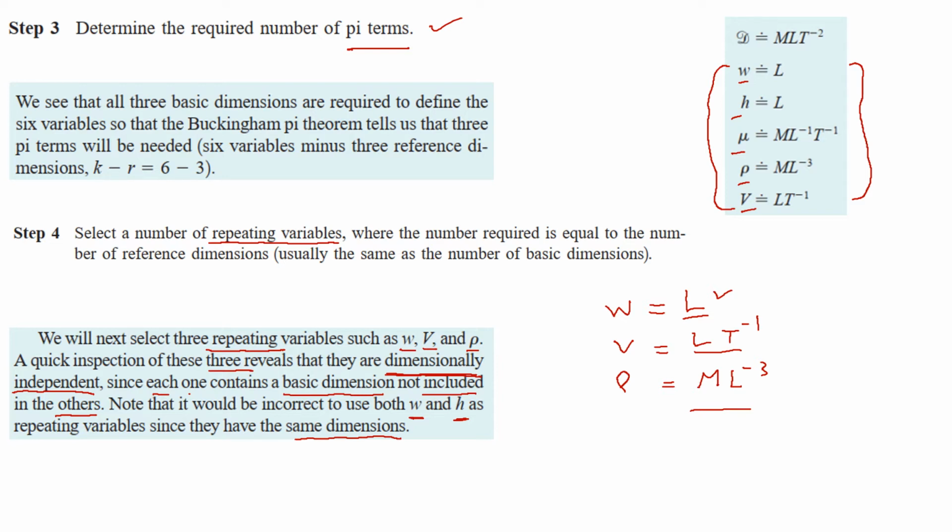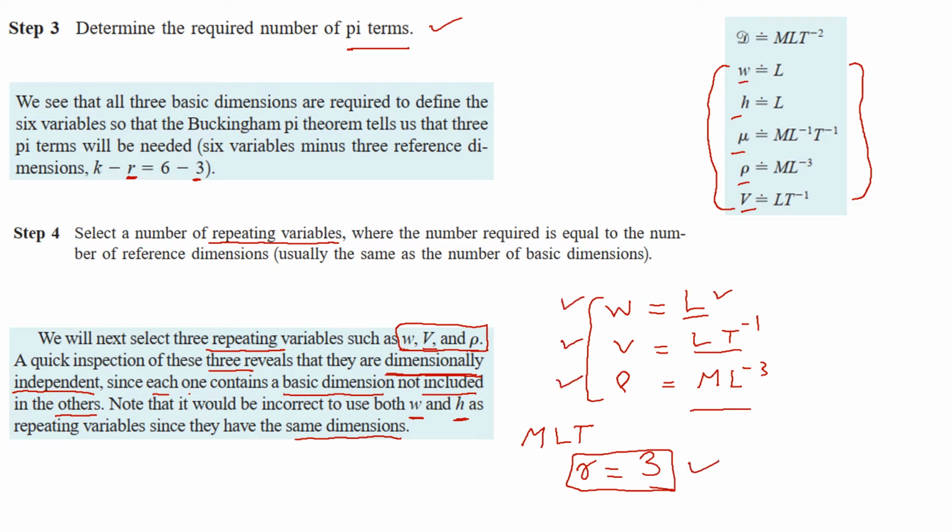So let's now move on to our step 5. Now that we have selected our repeating variables, the number of repeating variables must be equal to the number of reference dimensions, and as we already saw, the number of reference dimensions r is equal to 3. So we need to select 3 repeating variables.